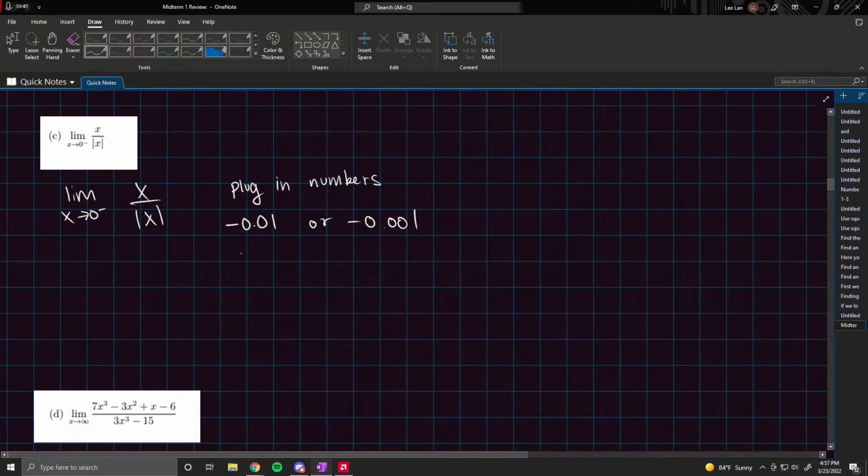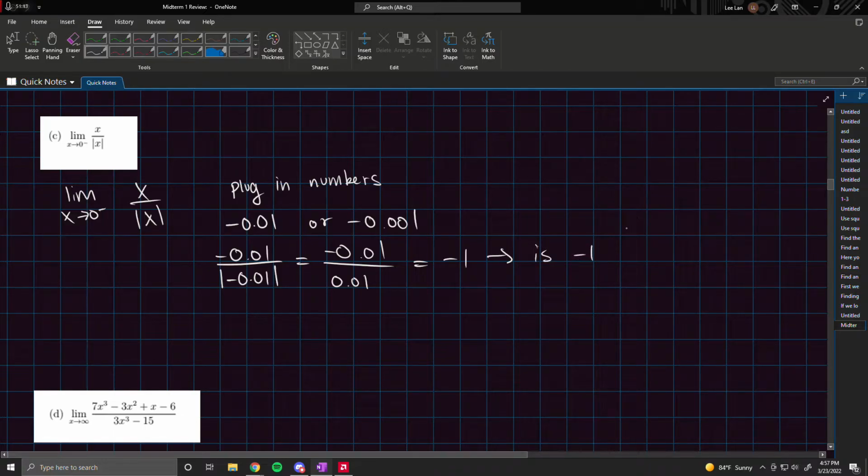And so if you think about it, what do you get? Negative 0.01 over the absolute value of negative 0.01, so it's 0.01. It's the same thing over the same thing, so it should be negative 1. And then similarly, if you did the same process with this number, you'll also get negative 1. So that's good evidence that it is negative 1.